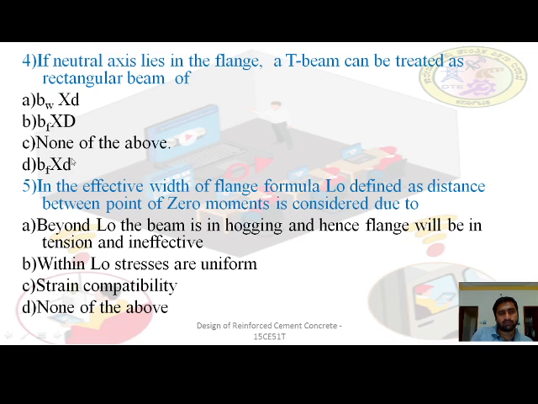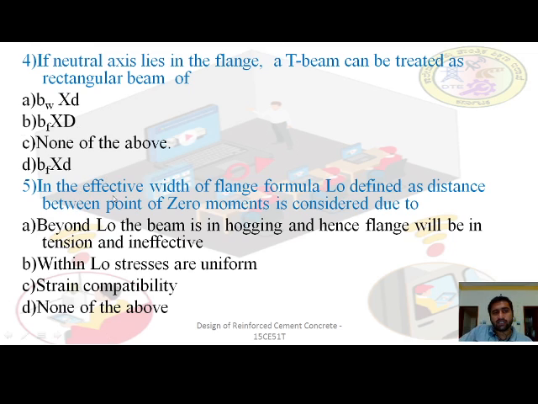BF into D. See, this one we have to take it out because cover also should be included. The BF will be the width. Total depth of the beam will be capital D. This D is effective depth, which is for calculation purpose. But whenever we are telling the beam depth, we will be telling the overall depth of the beam. So width of the beam into the depth of the beam, capital D.